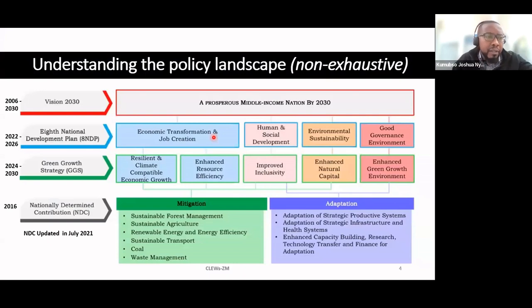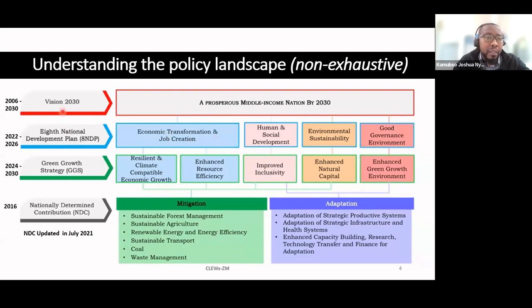Let's have a glimpse of the policy landscape in Zambia. This is non-exhaustive, but it provides a flavor. We've got the Vision 2030, which was published some way back. Its aim is to ensure that Zambia is a prosperous middle-income nation by 2030.